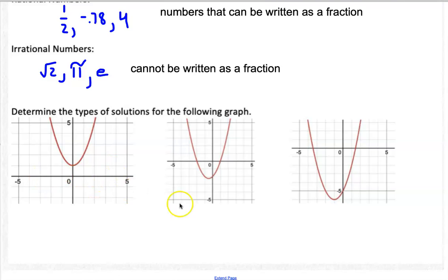Because it never touches the x-axis, I can't say it touches at 2 or 3, for example. That means that we have something called imaginary solutions. I can't see it touching the x-axis anywhere, so we say that there are 2 imaginary solutions.